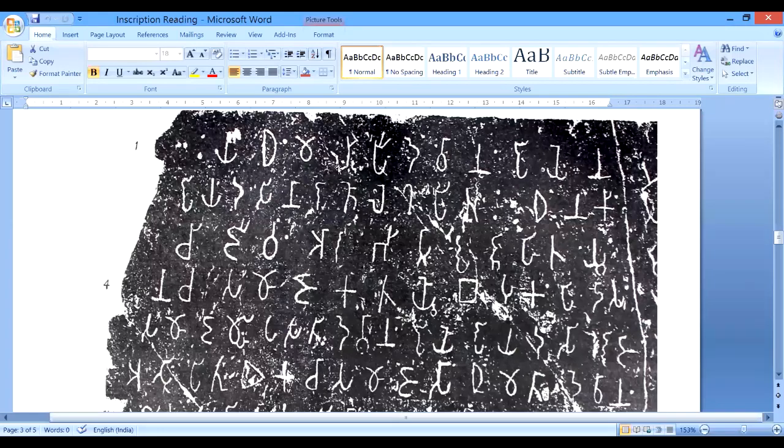Not here. Look at the second line. In the second line, this word is Raya. Here it is Raja. So language wise, not only script wise, in the inscription also, language wise, we can see the changes. It's very clearly seen here. Okay. So Raja.